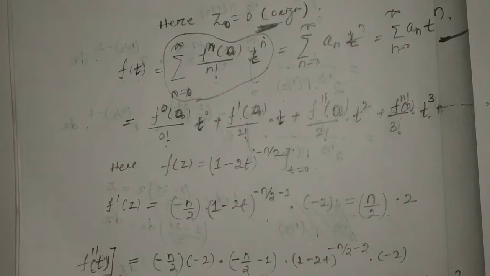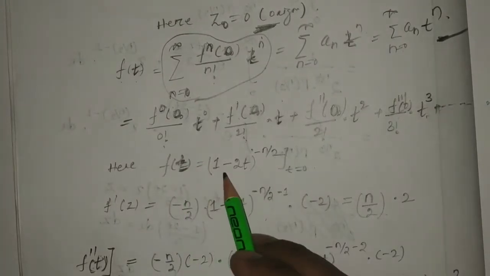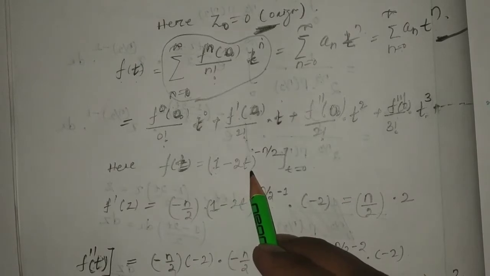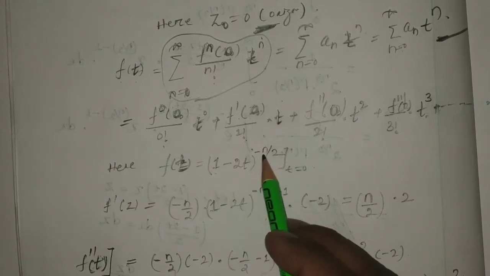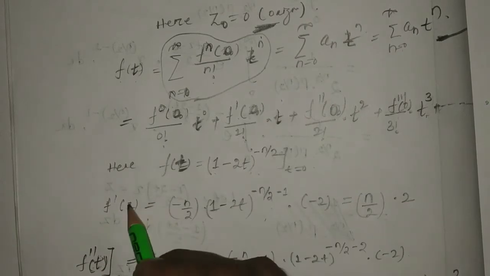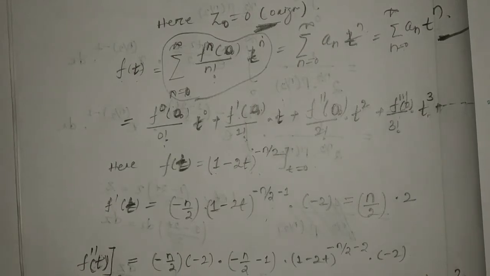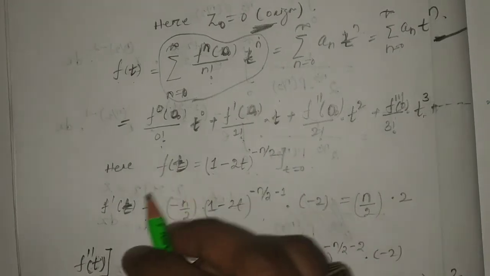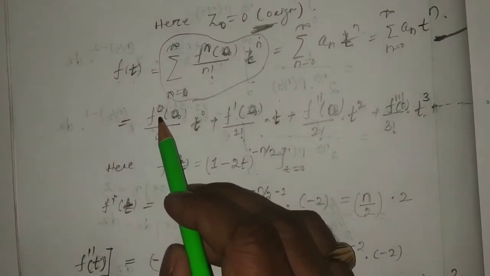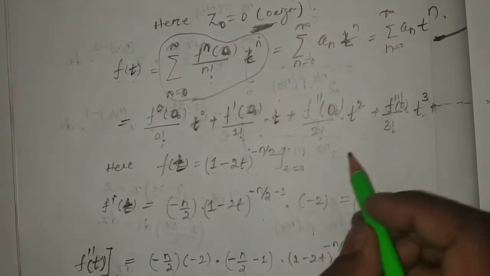Now we have to consider the function f(t), which is nothing but (1 minus 2t) to the power minus n by 2. First, f(0) by 0 factorial, t to the power 0 will be how much?